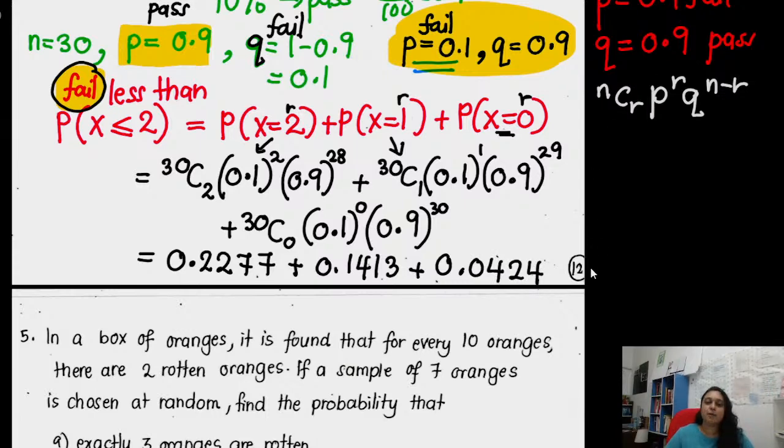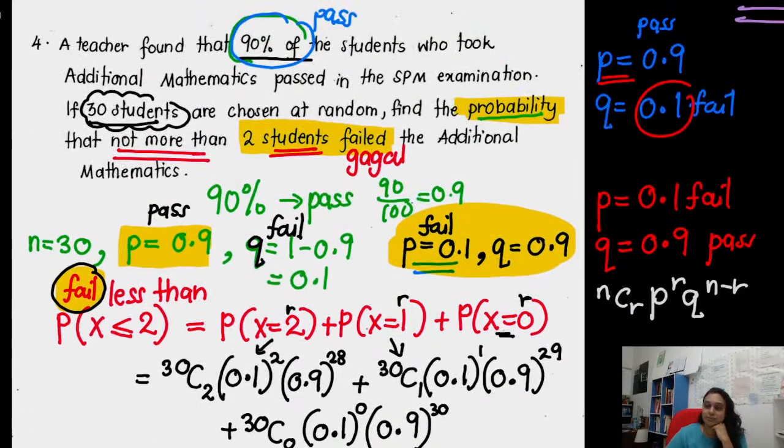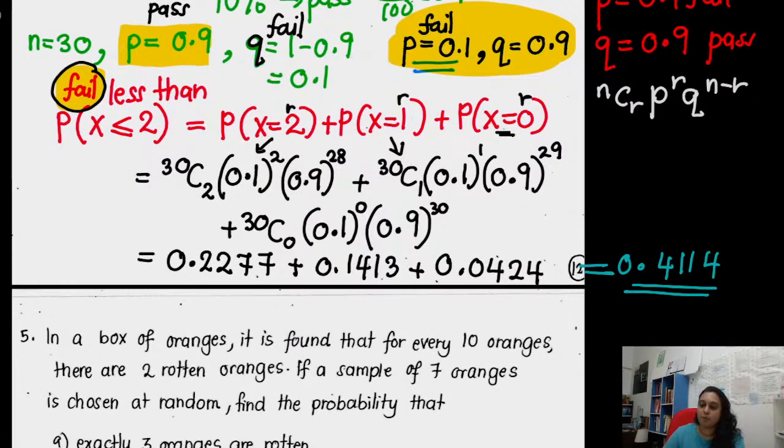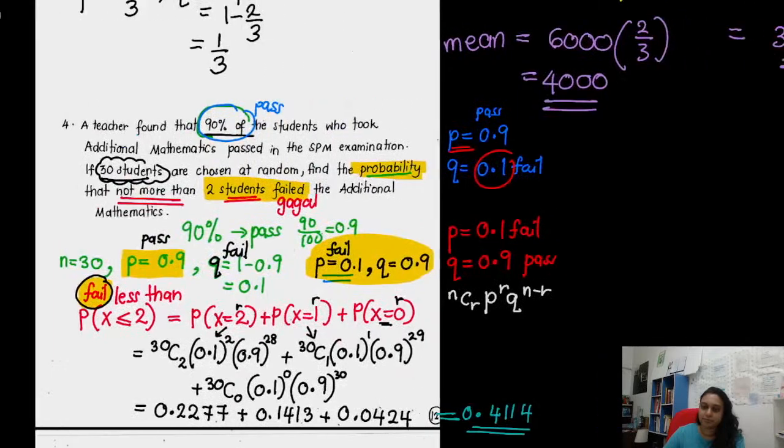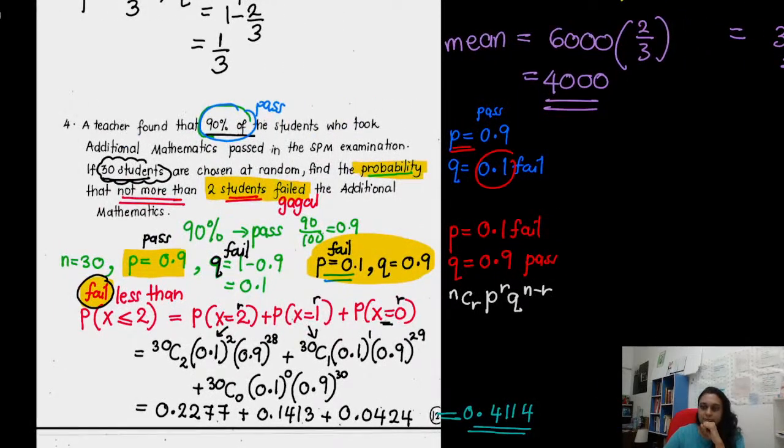Use calculator one by one. Okay, then we tambah all this. Dapatlah 0.4114. Your probability that not more than 2 students fail at maths, tak lebih lah daripada 2 pelajar fail, is 0.4114.